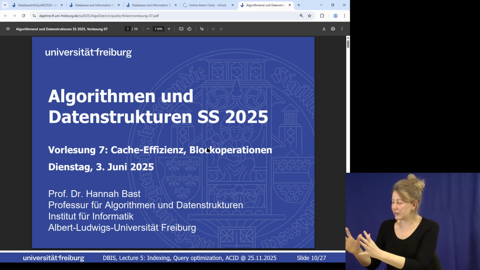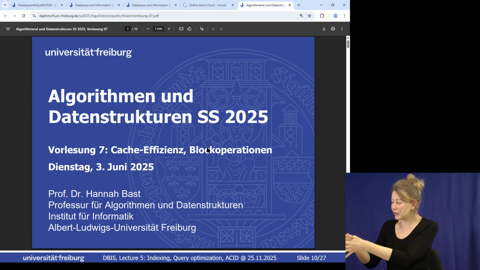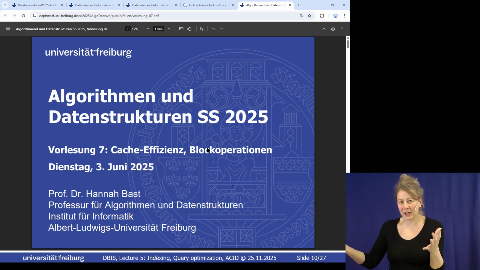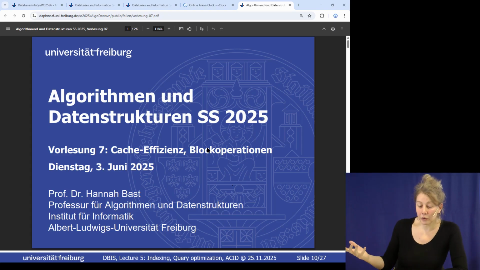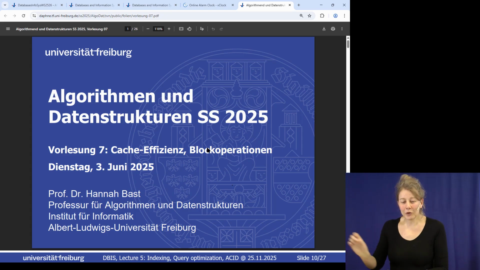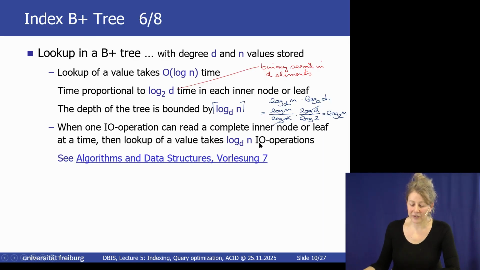When you go to disk and you're reading just 1 byte, this takes a long time because you first have to locate that byte. And when you read that byte, because it took such a long time, you will always read a whole block, like 1,000 bytes. You always read a whole block of things. And because you do that, and the same holds in memory, it's interesting how often I have to read a new block. So the number of block operations is interesting.